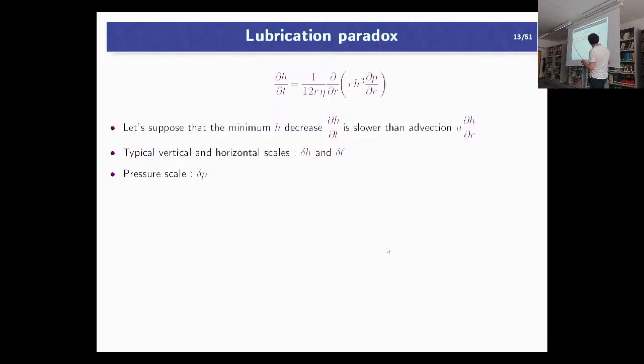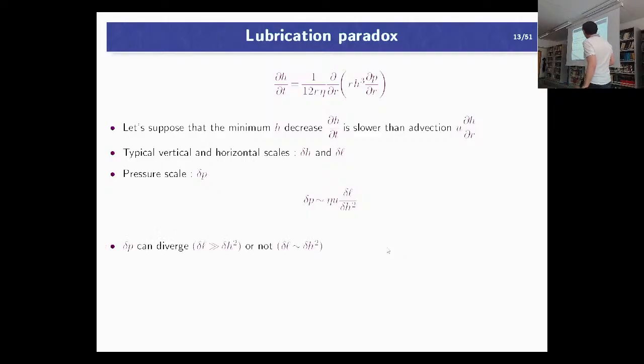This is a bit subtle, but dH/dt can be smaller than this term, which is a convective term. I call delta P the pressure scale. And if we put these scalings and this hypothesis into the lubrication equation, we find a scaling for the pressure.